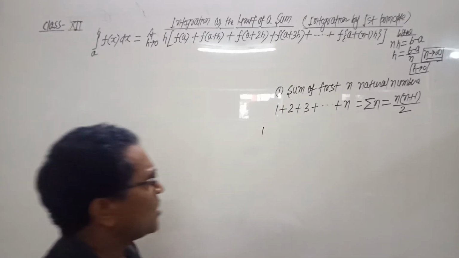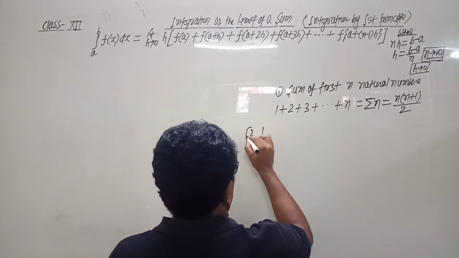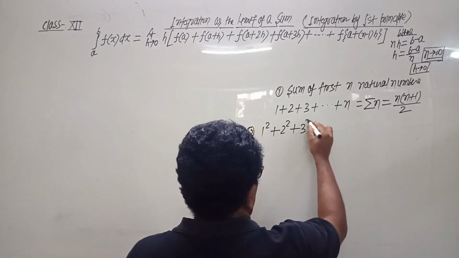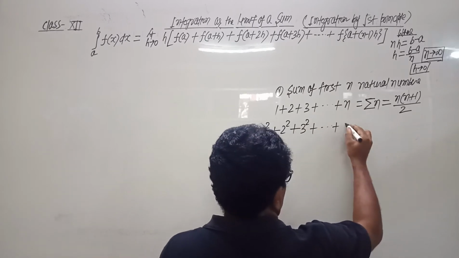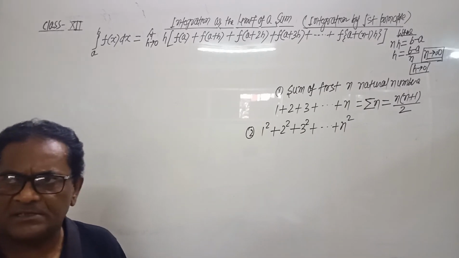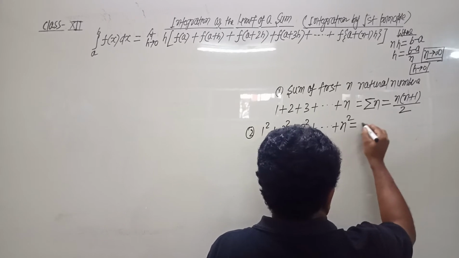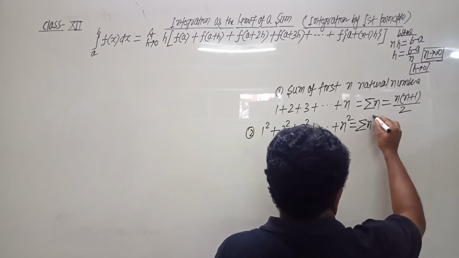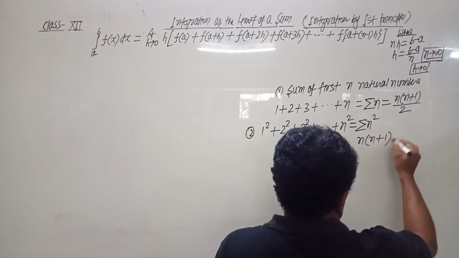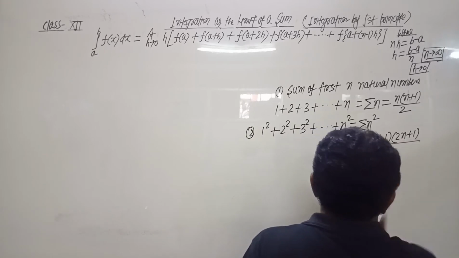Then the sum of squares of the first n natural numbers means 1 square plus 2 square plus 3 square plus ... n square. This is called the sum of squares of n natural numbers, which is represented by sigma n square, and its formula is n into (n plus 1) into (2n plus 1) upon 6.